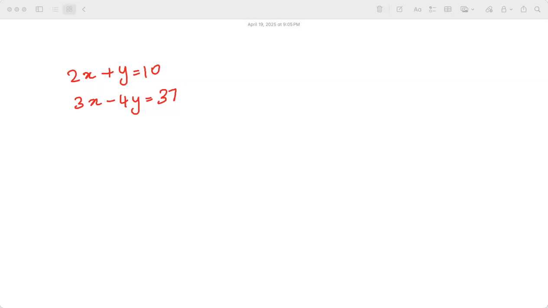Miss Priya, can you check my answer? I will give you one way to do a sanity check. Did you plug in the values? That is one way. Yeah, I'll plug in the values, it works.